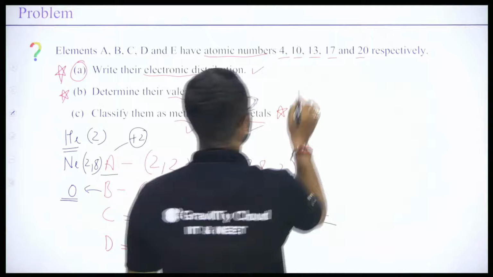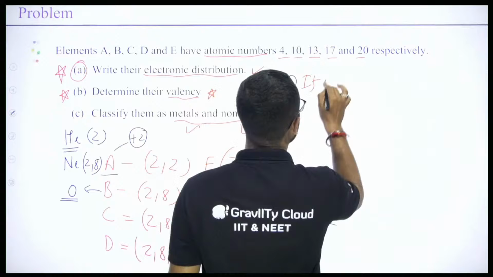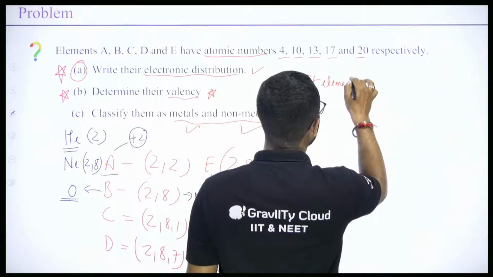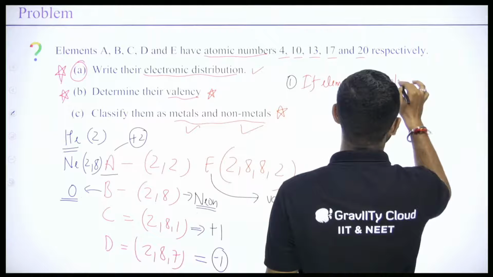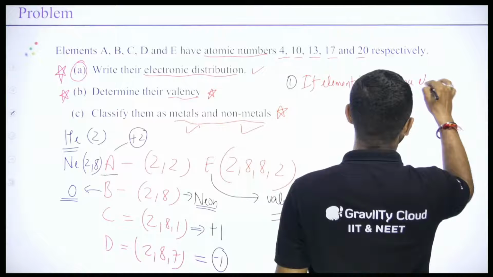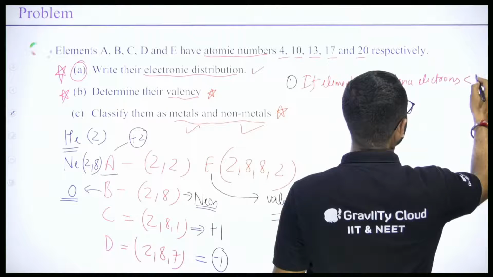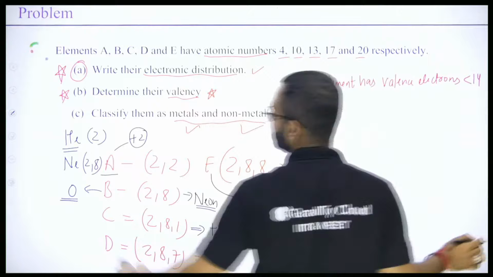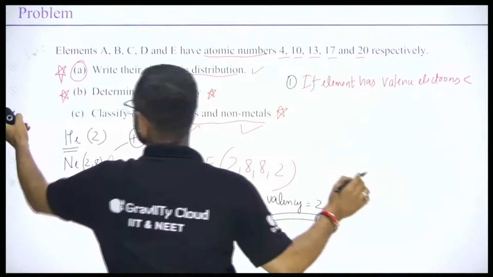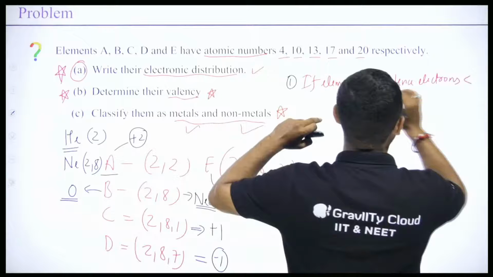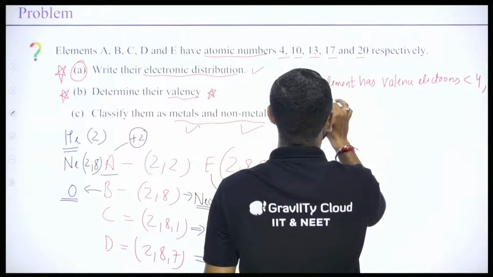First point, if element has valence electrons less than 4, it is metal.